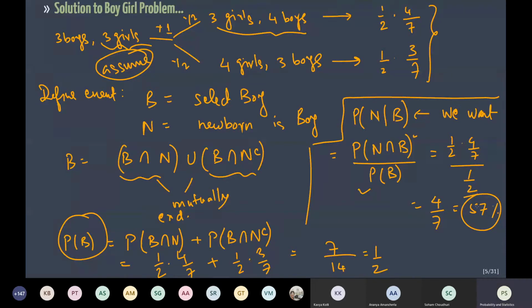He randomly picked and it came out to be a boy. So how come the probability that the newborn was a boy increased now? Can you see this? It's about thinking a little bit here. The probability that a boy was born increased, right?